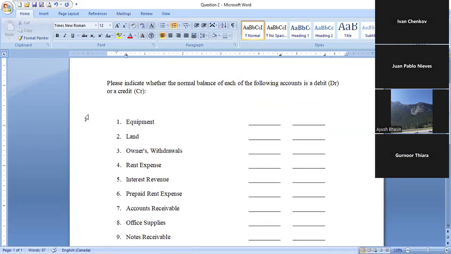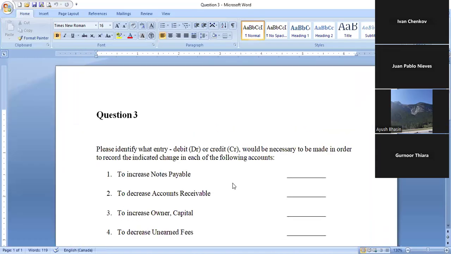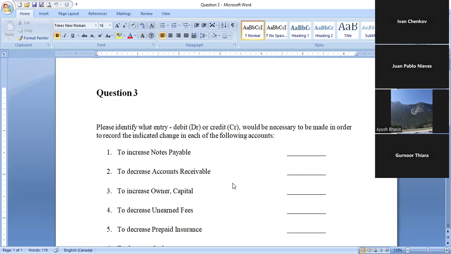Good. So now let's make it one step harder. Once we know the normal balance of the account, let's see how we can increase something and how we can decrease something. Remember, before we start: on an asset account, debit increases the asset, credit decreases the asset.